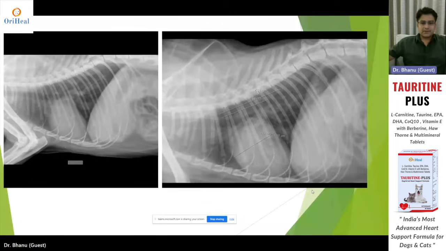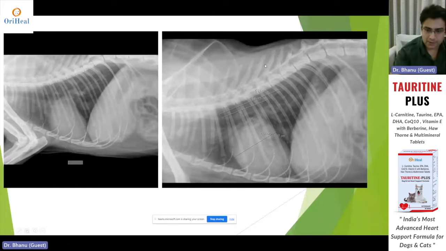These are X-ray images of a cat called Kubla, which had come to me 4-5 years ago. And in this, as you all can see, there is dilatation of the heart. Again, I would request you all that when you do the chest X-rays, you do this VHS measurement. Vertebral heart score measurement is a valuable diagnostic tool.